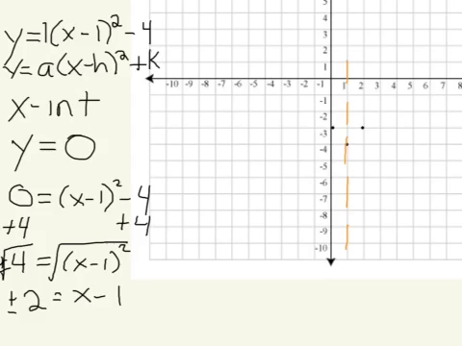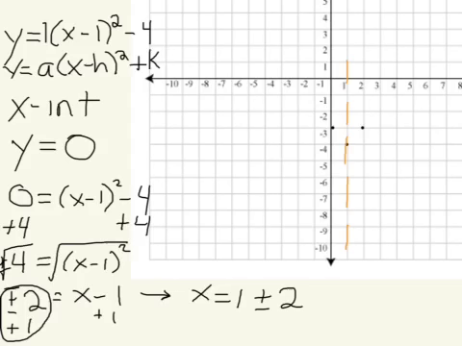And then I'm going to add 1 to both sides, which is going to give me x equals 1 plus or minus 2, which calculates out: 1 plus 2 is 3, or 1 minus 2 is negative 1. And those are the x-intercepts for this equation.